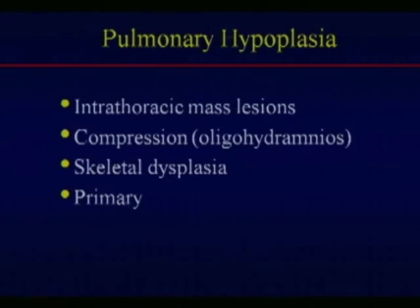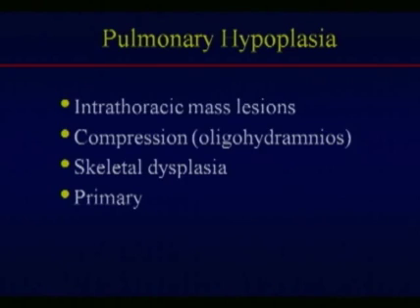Pulmonary hypoplasia may occur from intrathoracic mass lesions such as diaphragmatic hernia or CCAMs, so-called CCAMs, which are cystic adenomatoid malformations of the lung, or other intrathoracic masses, also hydrothorax. All of these conditions can produce mass effects which compress the lungs and produce pulmonary hypoplasia.